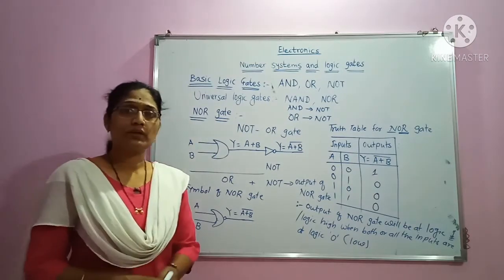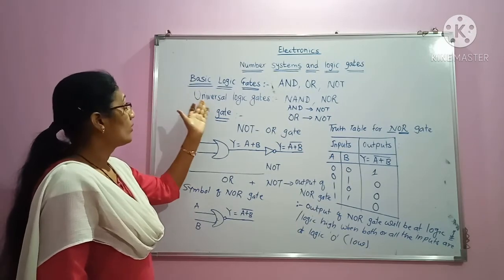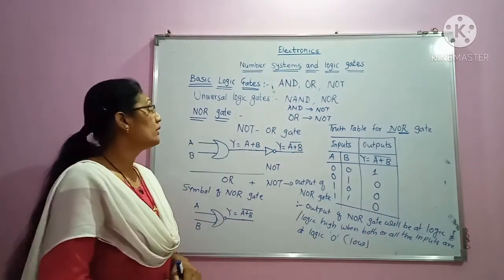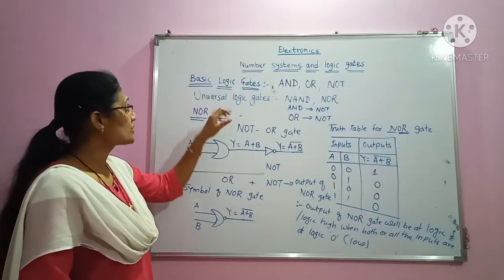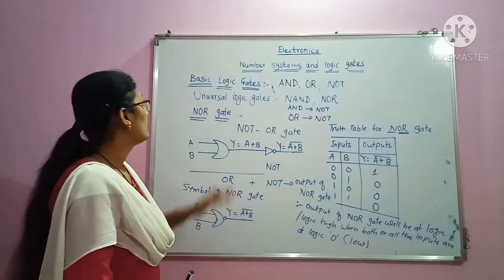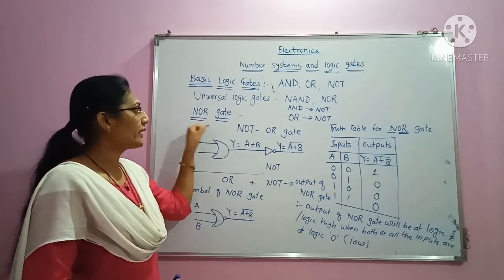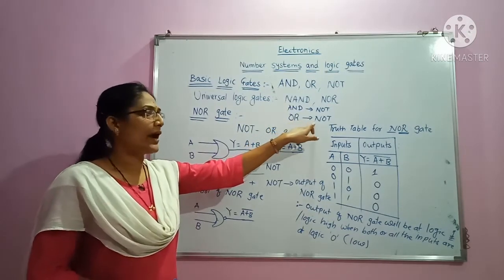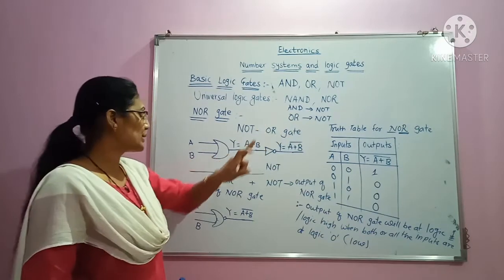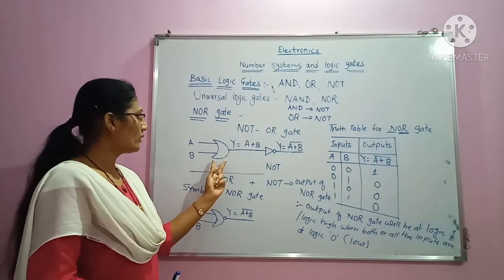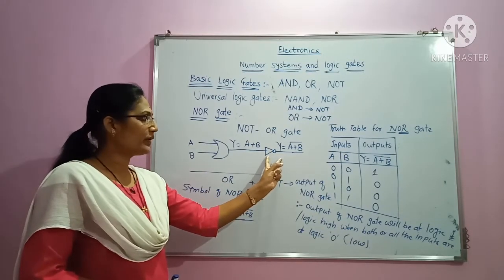So students, in today's lecture we have seen what the universal logic gates are. We have covered the points related to NOR gate. That is, NOR gate is nothing but OR followed by the NOT operation. So here I have drawn an OR operation, and here I have added a NOT to it.